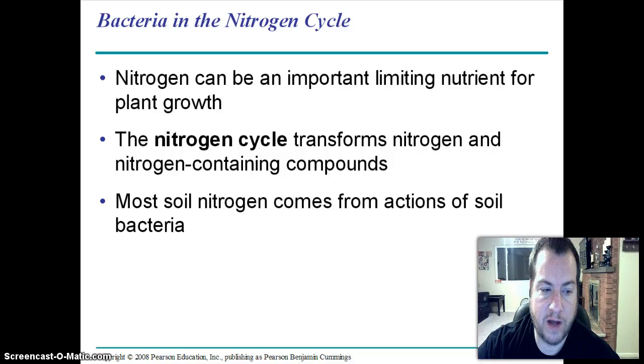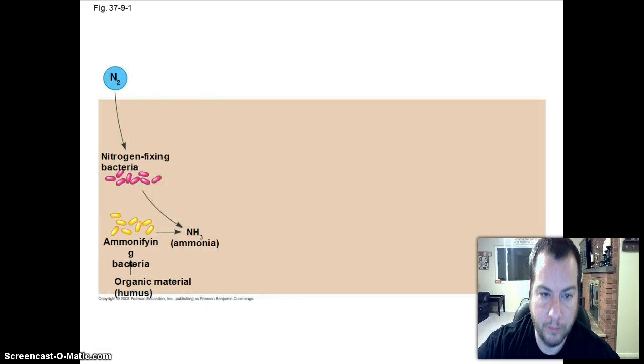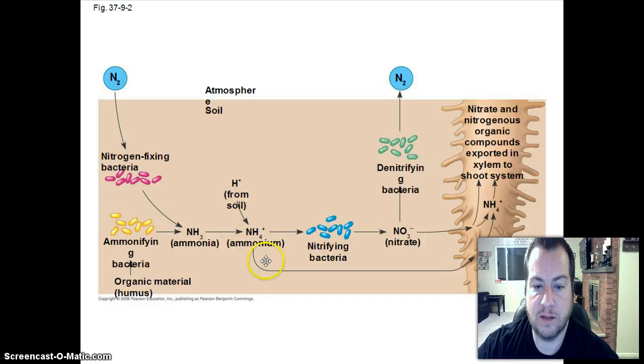Let's review the nitrogen cycle real quickly. The source of nitrogen is a nitrogen gas in the atmosphere that is fixed by bacteria to ammonia. And ammonifying bacteria can also make ammonia from organic material. Next is the formation of the ammonium ion, which can be uptaken by plants.